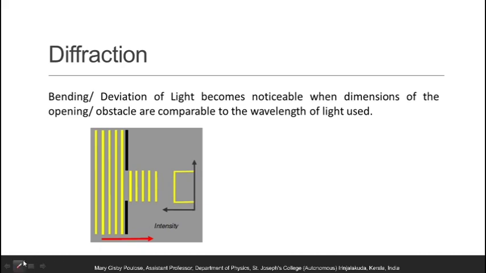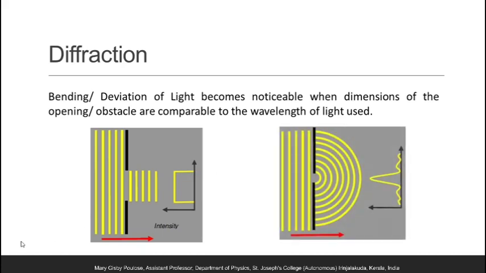In this graph, you will be able to see the intensity profile. That is, it will be in the shape of the slit. But if the slit size is reduced, here we can see that when light passes through the slit, the slit again acts as a source of secondary wavelets and produces spherical wavefronts.